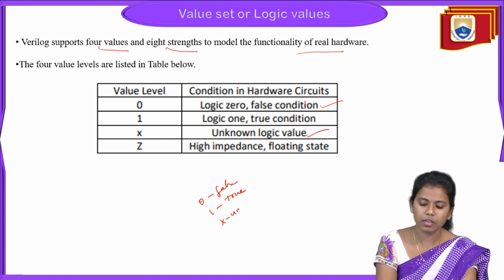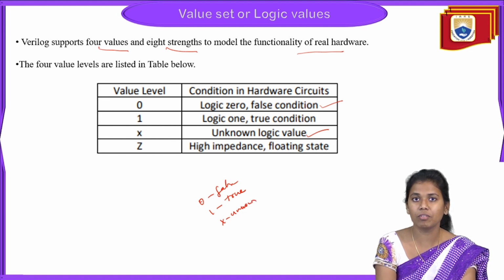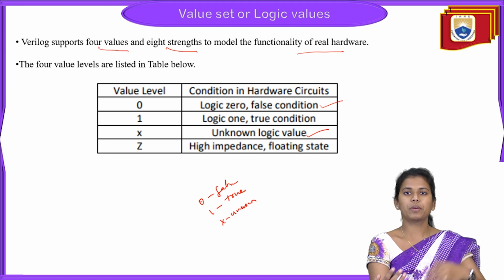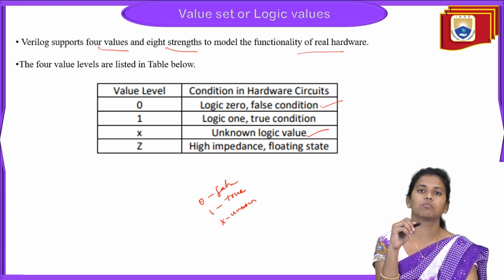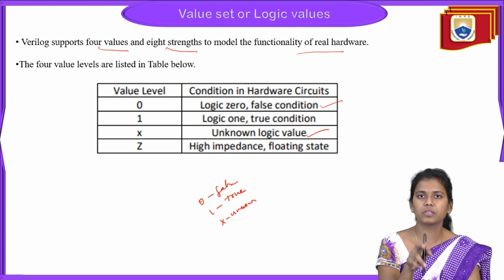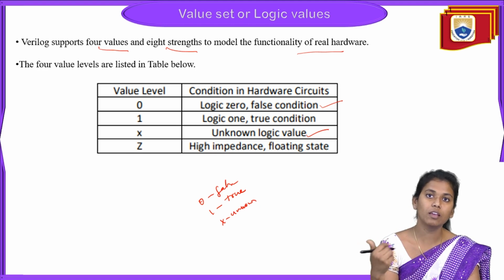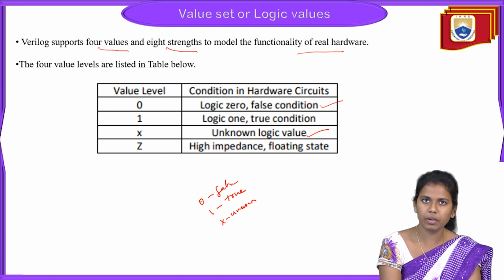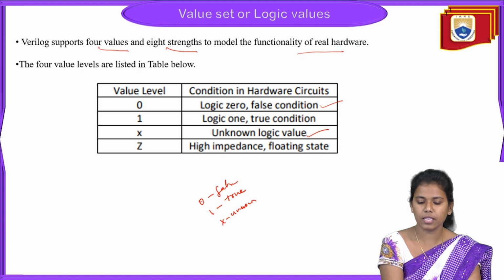X is meant for unknown. In the previous presentation we discussed what X and Z are. Those two are the important representations in Verilog modules for unknown values and for the high impedance state.